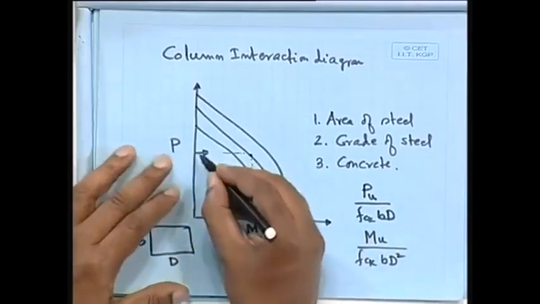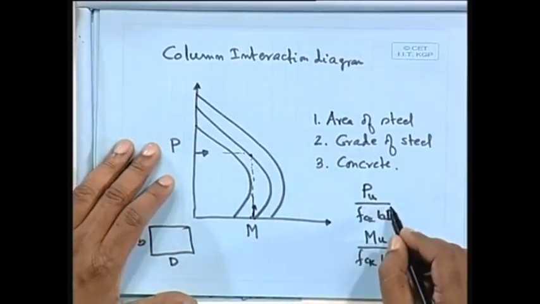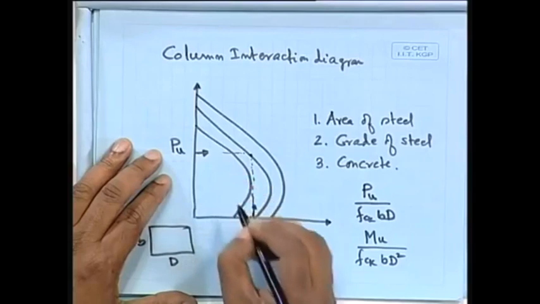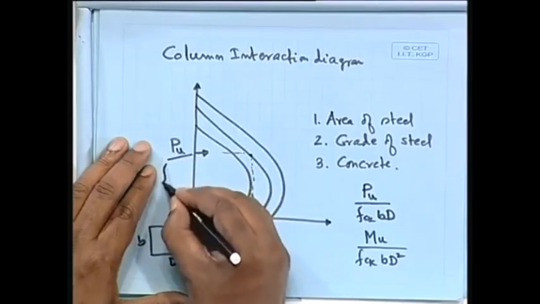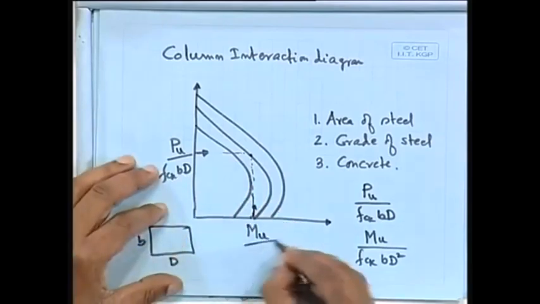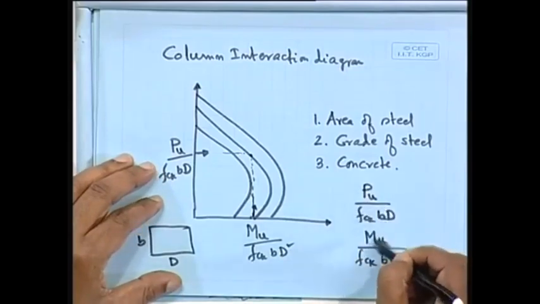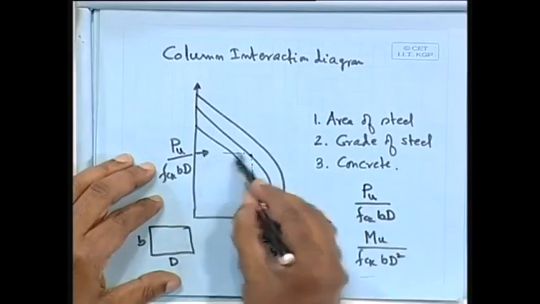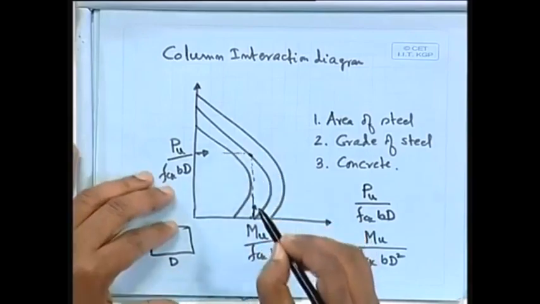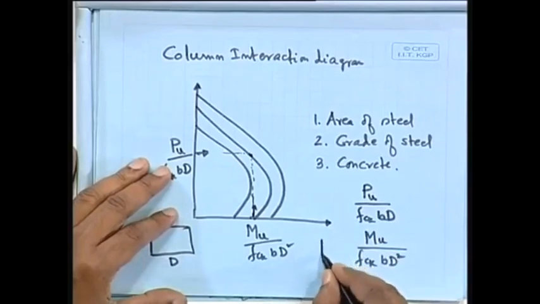Instead of P and M, because this becomes non-dimensional, that is preferable instead of having some absolute value. So this diagram we prefer, instead of giving P and M, we give it as PU by FCK BD, because then you can use it for any FCK, and MU by FCK BD square. Since I can calculate these values, I can find out here wherever you are getting this percentage of steel, and that is also not given directly as P, instead it gives as P by FCK.